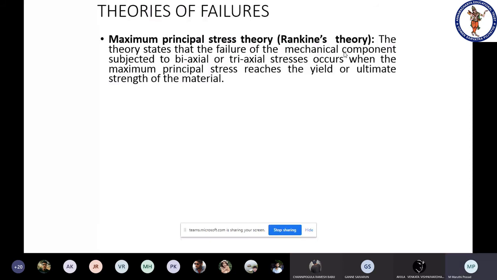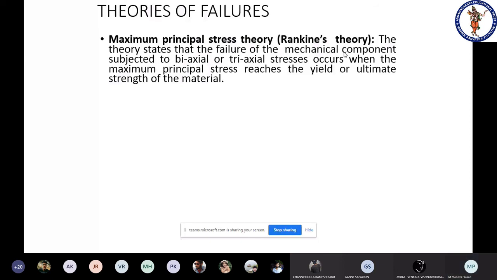So in simple words, what we are going to do is compare induced stress with the allowable stress of the material. How do we get the induced stress? Induced stress will come from the loads which may be acting. Here they have given clearly, the failure will occur when a component is subjected to biaxial or triaxial stresses.